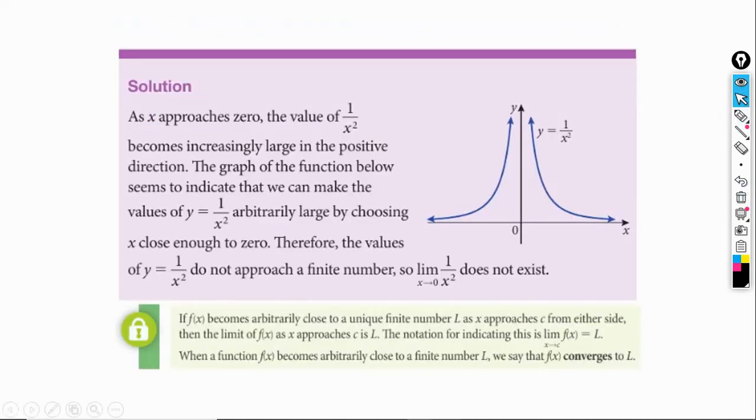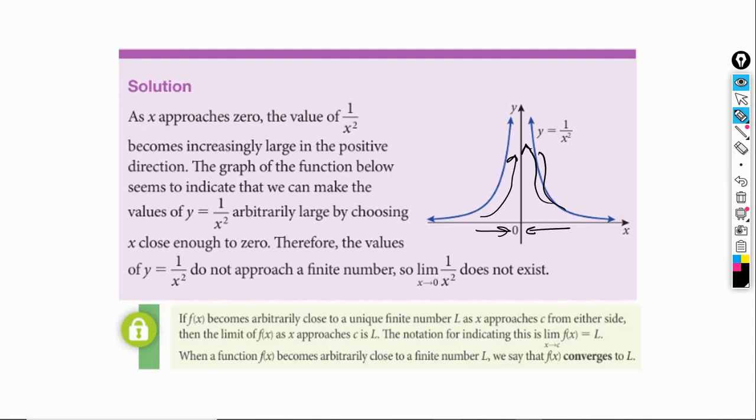And we can see the graph here to the right. Notice that as x approaches 0 from the left or from the right, the function just goes up into infinity, right? Whether it's from the left or from the right, you can see the function increasing to infinity. So that means that 0 is a vertical asymptote.